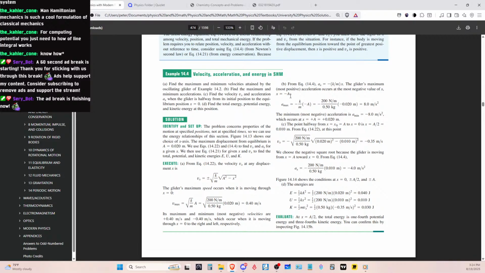We get the max acceleration and the minimum acceleration. I'm guessing that because it's a simple harmonic system, it's very symmetric. So that's why the max acceleration is the positive version and the minimum acceleration is the negative version of the value. Oh, so they did use the distance that it traveled in, I think, the first two examples ago.